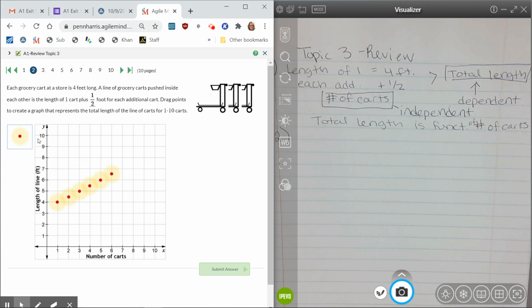So 7 is at 6.5. 8 would be at 7 feet long. 9 would be at 7.5 feet long. Oh, I'm sorry, 8 would be at 7.5 feet long. 9 would be at 8 feet long, and the 10th cart would mean that our line is 8.5 feet long.